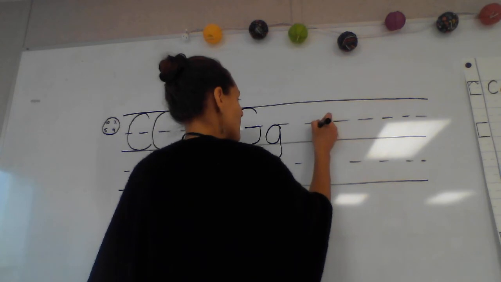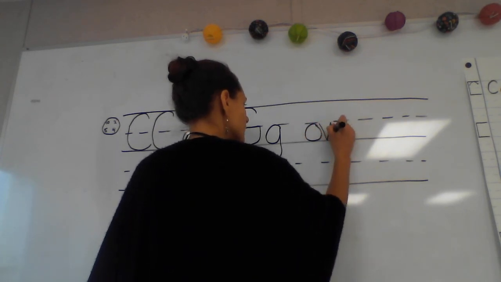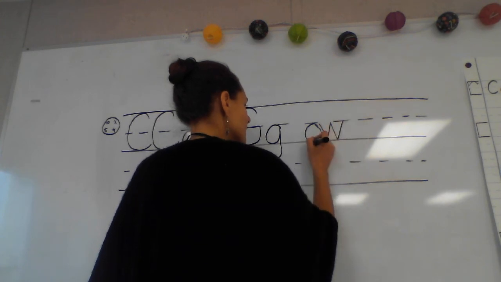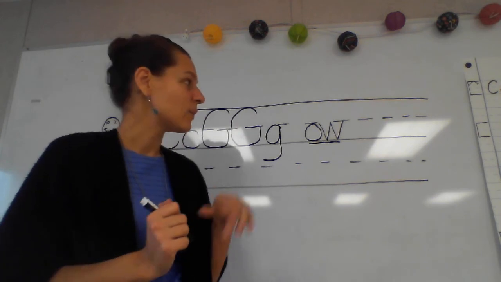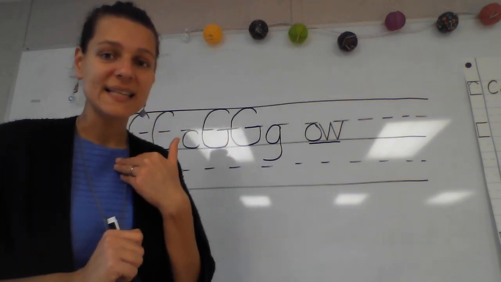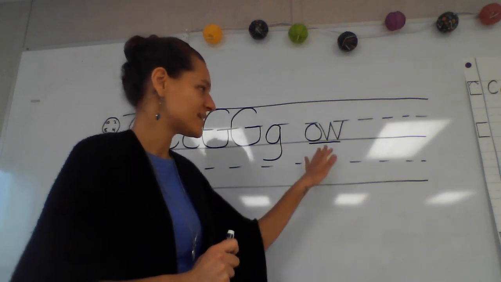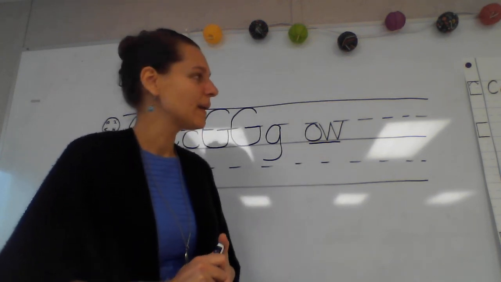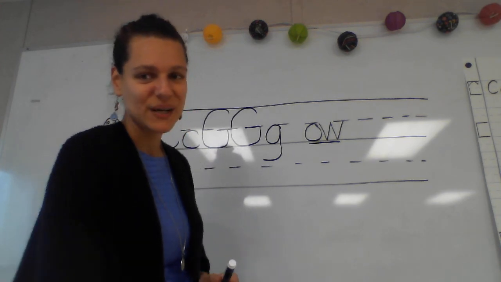This is our ow. All right, and let's write it one more time. Say it while you write it. Say it with me. Ow. Make sure you underline. All right, nice work, first grade.